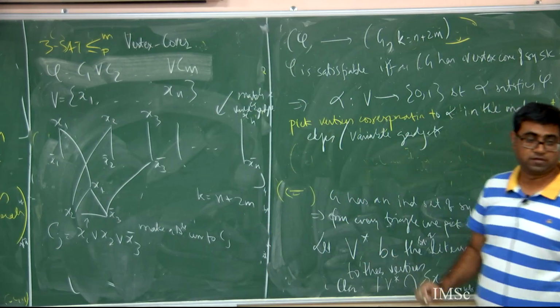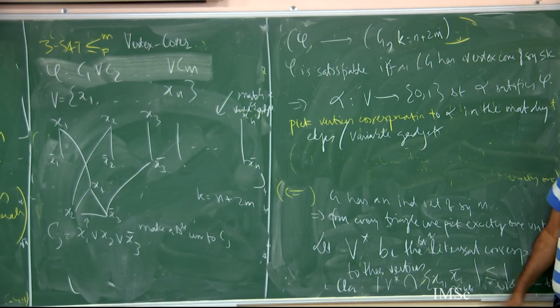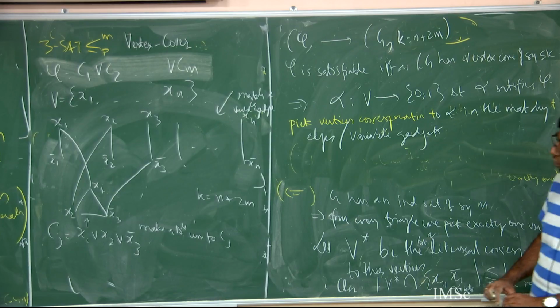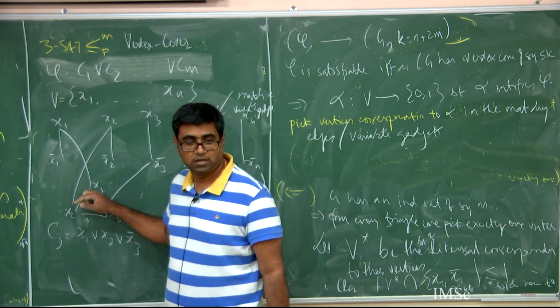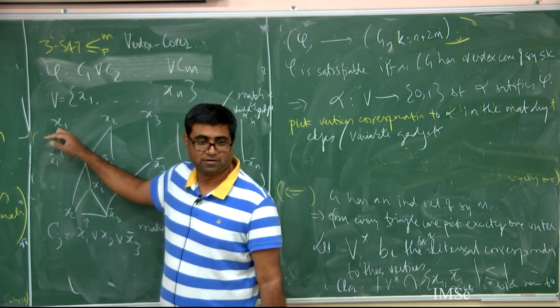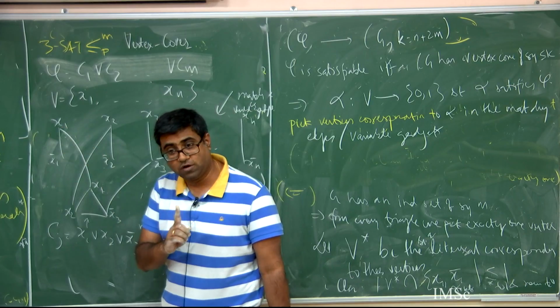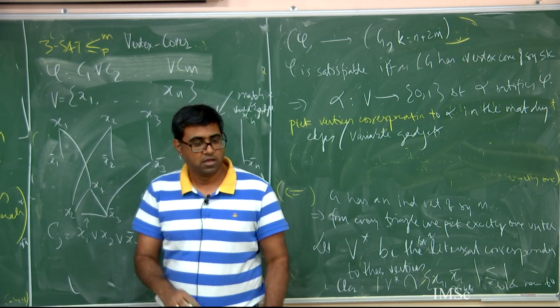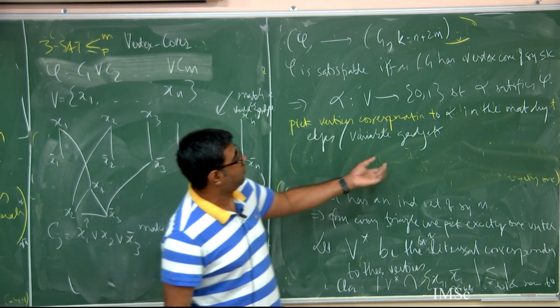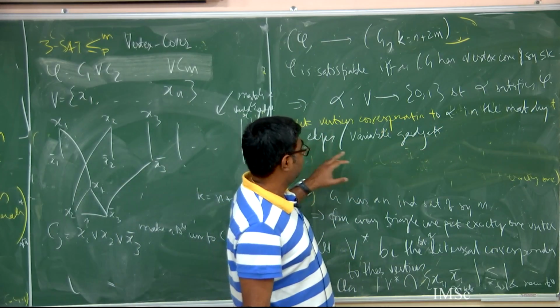So I pick these guys. Now since this is a satisfying assignment, what does it mean? From every clause, one guy is the same as what you have picked. From every clause, there is one literal which is the same. Pick vertices corresponding to alpha in the variable gadgets.